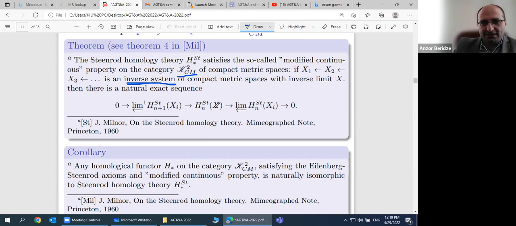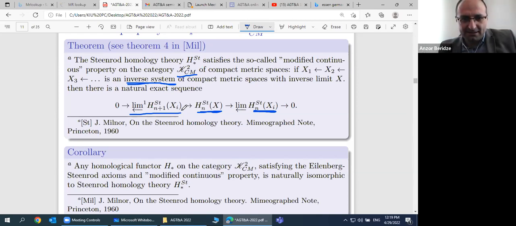And if we consider the limit space, the Steenrod homology theory of the limit space and the limit of Steenrod homology groups of each of these topological spaces are connected by this short exact sequence. So this is not an isomorphism, but we can control this homomorphism using the first derived limit of these groups. And this was done by Milnor. But again, this was done only for compact metric topological spaces.